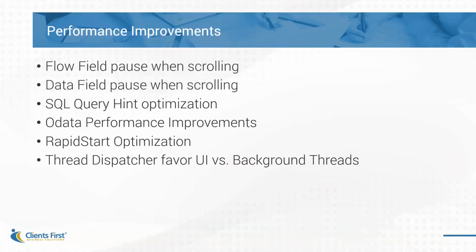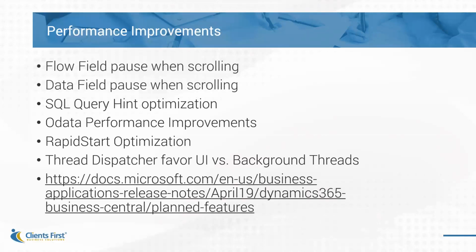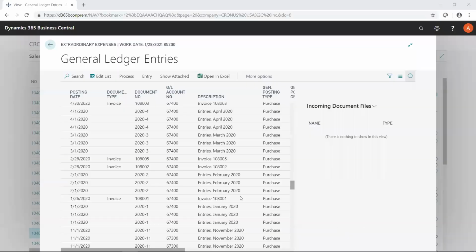So there's over 100 enhancements and features, from developers enhancements to business enhancements to system-based enhancements in the April 2019 release. It's just quite impressive. There is a document that is available where you can see the business application release notes and see not only the things that are currently available, but the potentially planned features that are available.